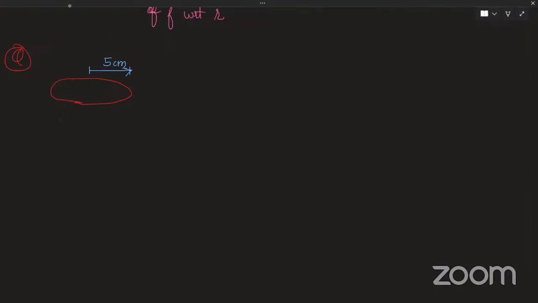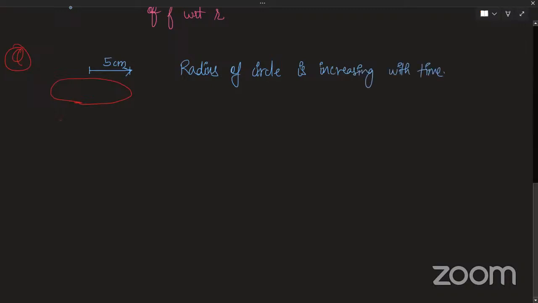And the radius of the circle is increasing with time. So it is asking you that when the radius is 5 centimeter, how is the area of the circle changing? So let us see if we can give it a try.